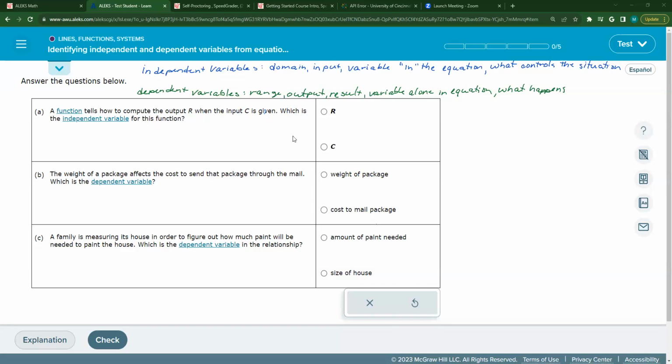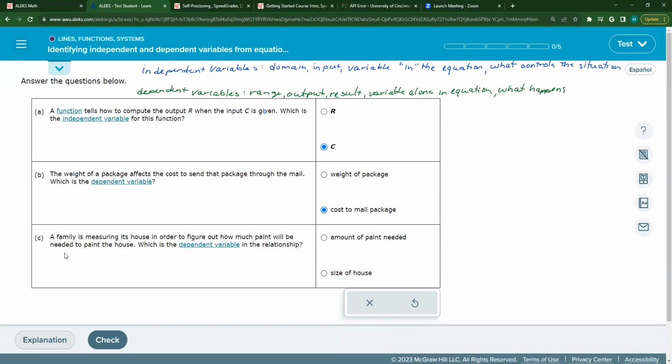So they told me input is C, so it's C. The weight of a package affects the cost to send the package through the mail. What is the dependent variable? So the weight of the package is what's controlling the situation, and the cost is the result. So the dependent variable is going to be the result, and that is going to be the cost.